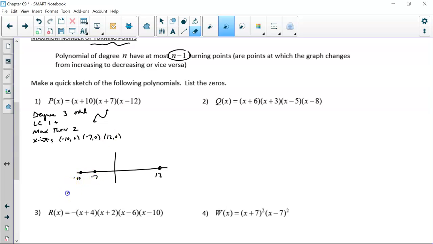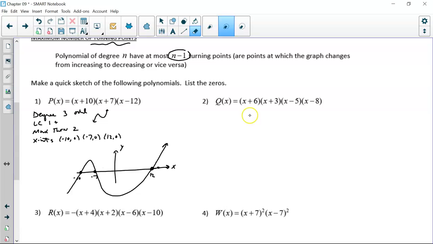So it's going to start and go up, turn, go back down, and then I'm going to move my 12 just because I messed up. I'm going to put it there, and that's a basic shape of the graph. So the degree was 3. There's 3 x-intercepts, 3 solutions, 2 turning points.